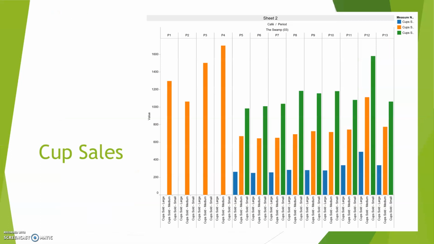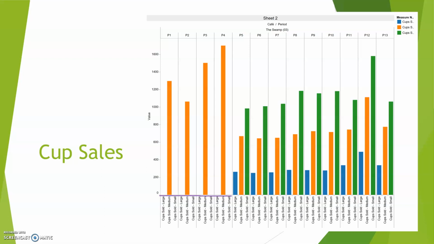So our next slide is cup sales. Here we have sales of cups throughout the different periods. For the first 4 periods, we only sold medium cups.